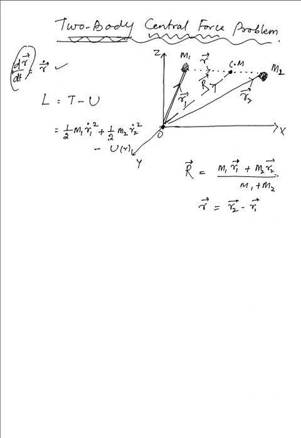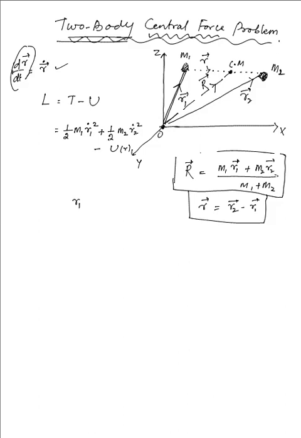Now with this equation that we have for capital R and this equation that we have for the small r vector, which is the relative position between the two masses, we can solve them. You can use a rough paper and scribble a few things, and you will end up with a new form of relation.